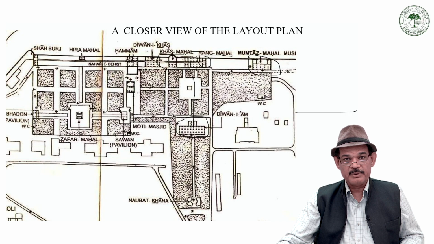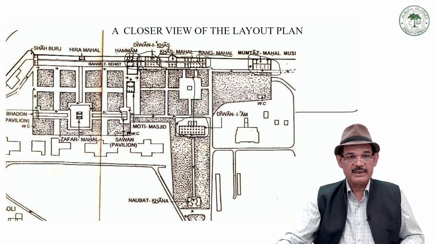Khas Palace is a combination of three palaces. Khas Mahal has three components, and then towards the northern side of the Khas Mahal we have the Diwan-e-Khas. Then we have a Hammam. From the Rang Mahal to the Shahaburj, there is a water channel that crisscrosses the center of all these palaces.